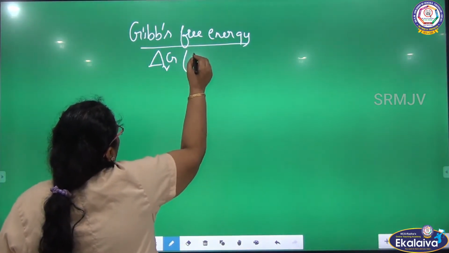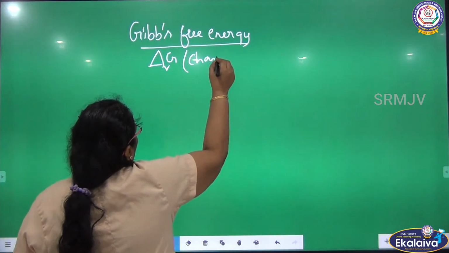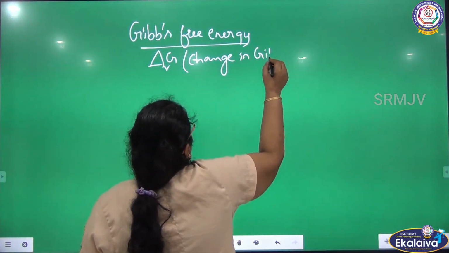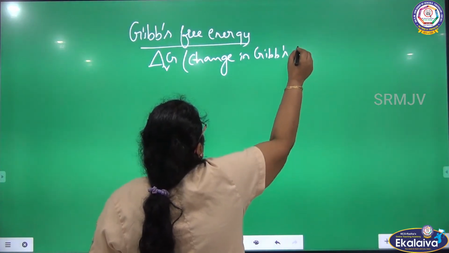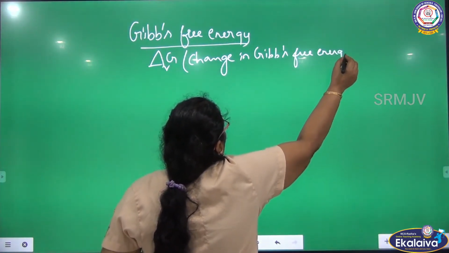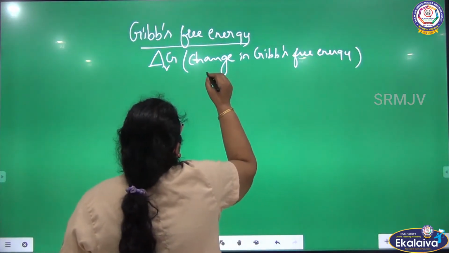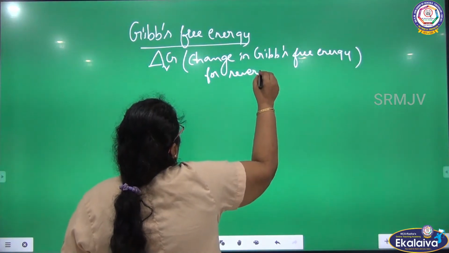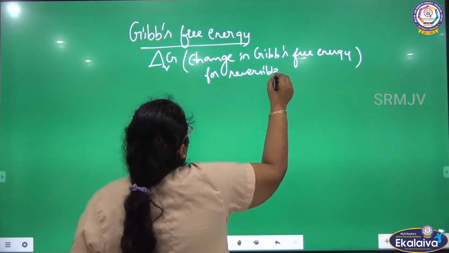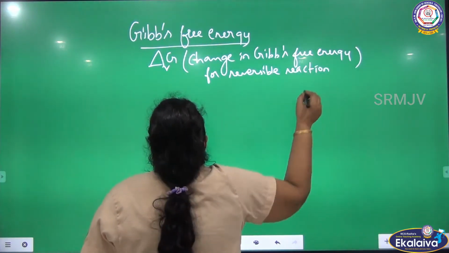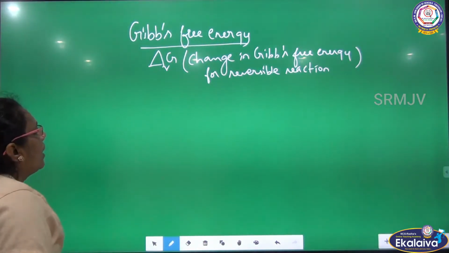So delta G is the change in Gibbs free energy for a reversible reaction. Okay, let us see the Gibbs free energy and EMF.